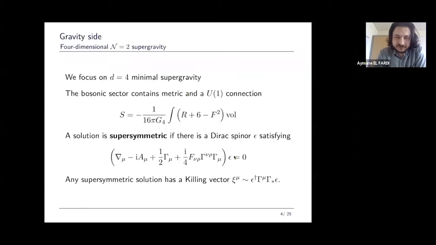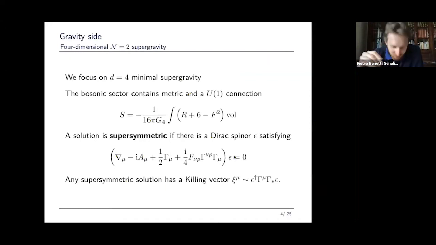Okay. So because I don't know quantum gravity, and nor I think nobody does, I'm gonna study a much simpler theory. I'm gonna start with an effective theory in 4 dimensions, which is minimal supergravity in 4 dimensions.